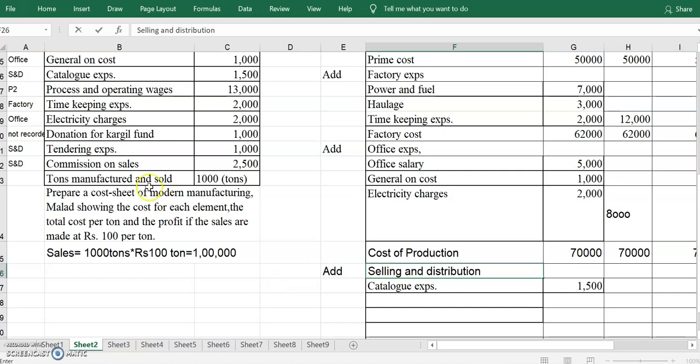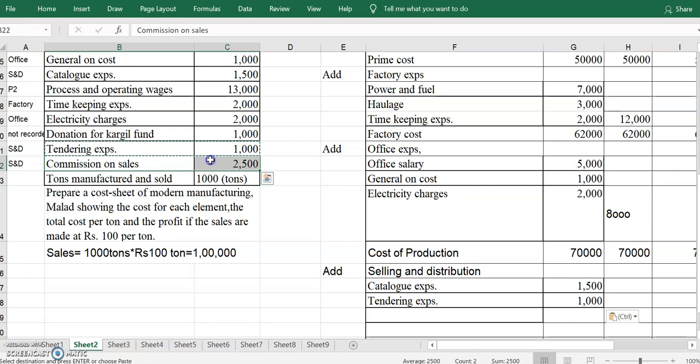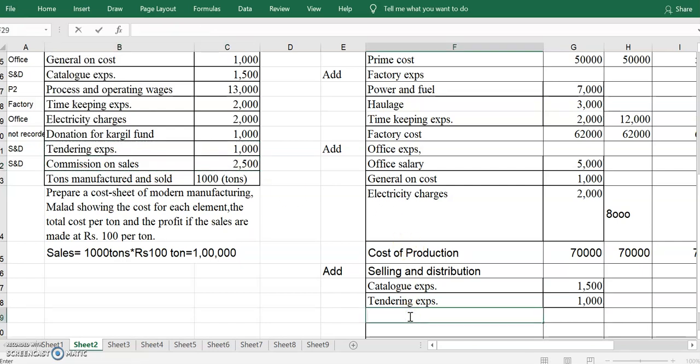Then tendering expenses, the expenses related to the sale promotion part. All expenses related to sale promotion are considered selling and distribution. Tendering expenses and commission on sale.